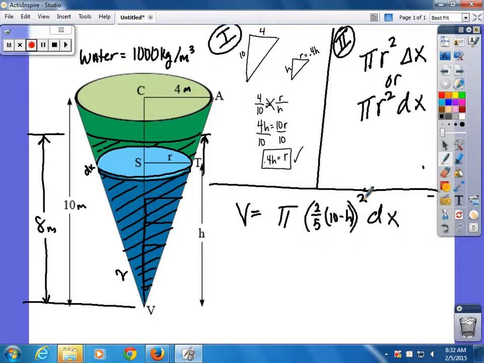So what we're finding here is the volume of the what? Of the disc. So I guess you call that number 3. Sorry. Volume of the disc. Pi r squared dx.